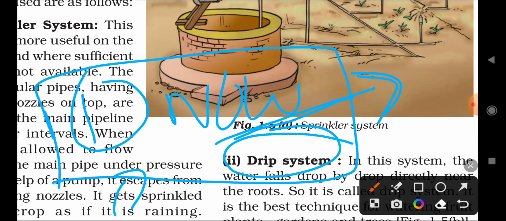Traditional methods require laboring work, but produce less efficiency. This is the major difference between traditional methods and modern day irrigation methods.